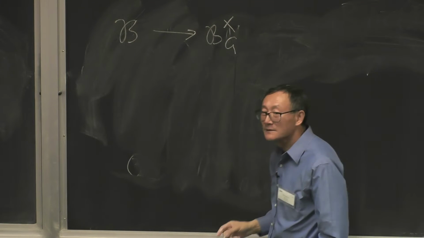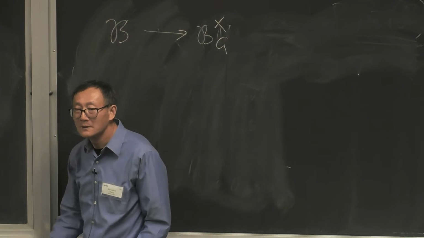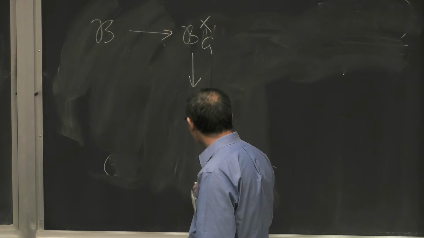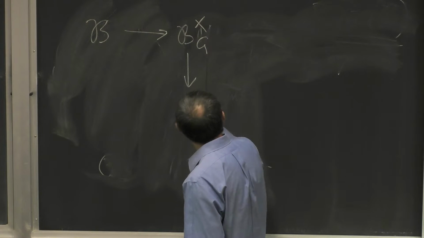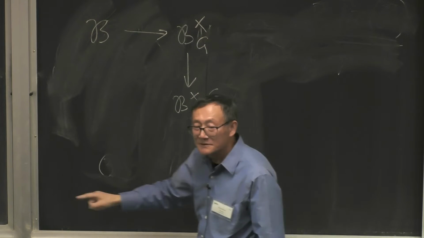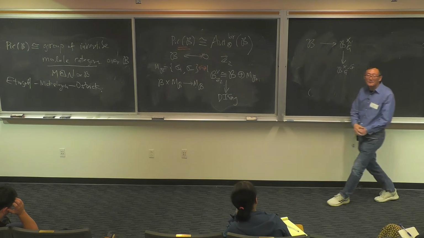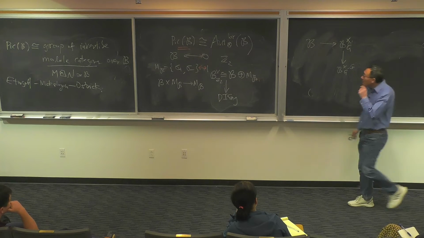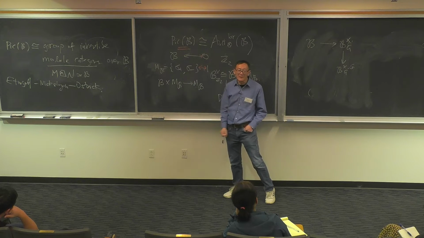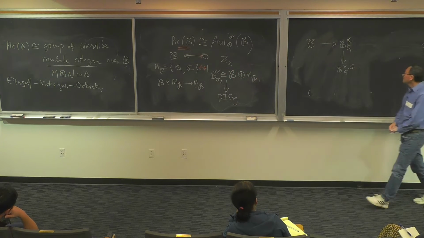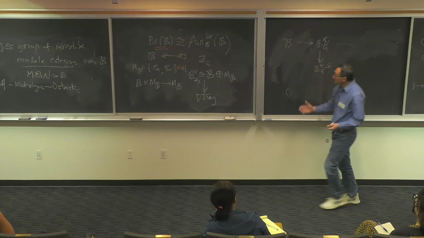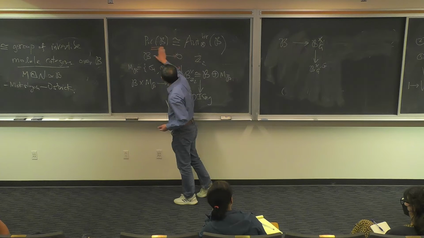It goes to BG cross, and that's this one. Then you do orbifolding, and that gives the double Ising. You can see they are really an avatar of the real Ising theory.